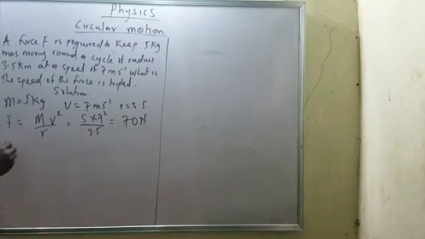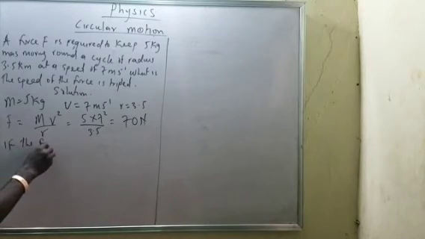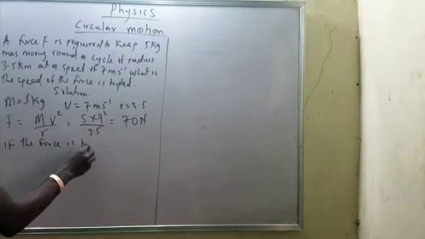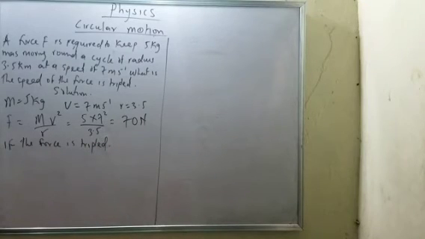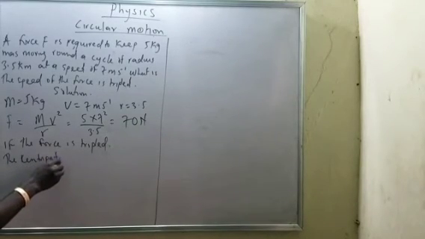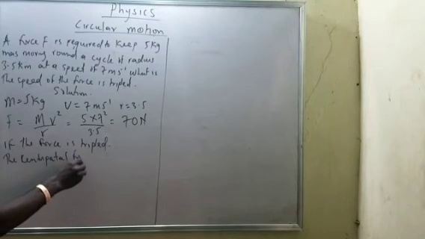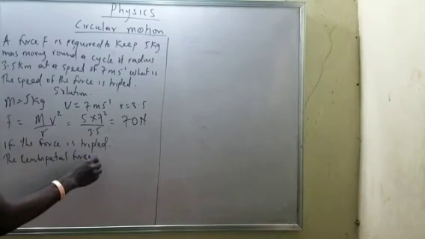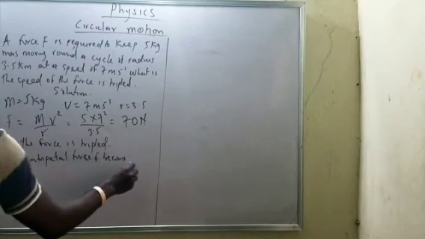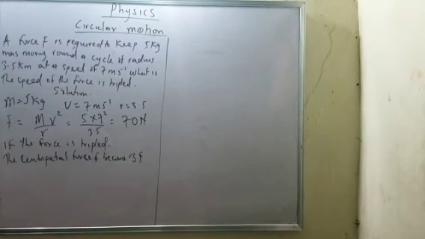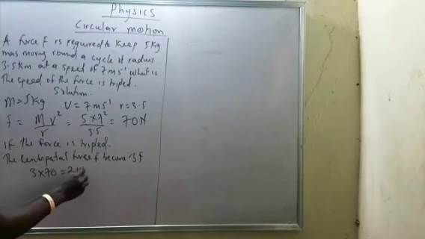Now, if the force is tripled, it means the centripetal force F becomes 3F. It means 3 multiplied by 70, which gives 210 Newton.